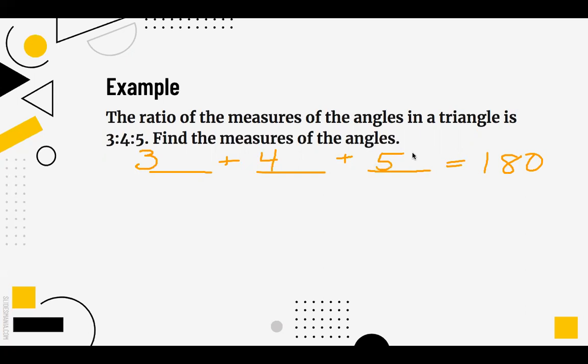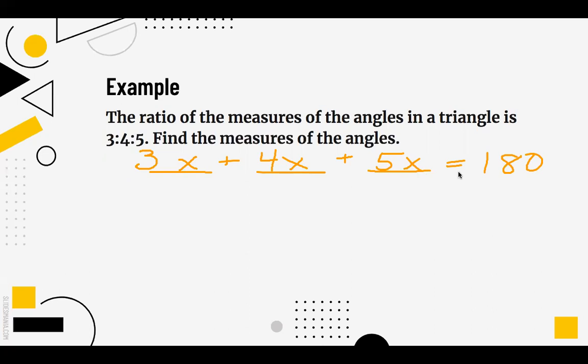But are 3, 4, and 5 going to get me 180? No. So I need to multiply them by something in order to get 180. I don't know what that something is, and when I don't know what that something is, I call it just x. So now 3x, 4x, and 5x is going to give me 180. So now I need to figure out what that x is going to be.